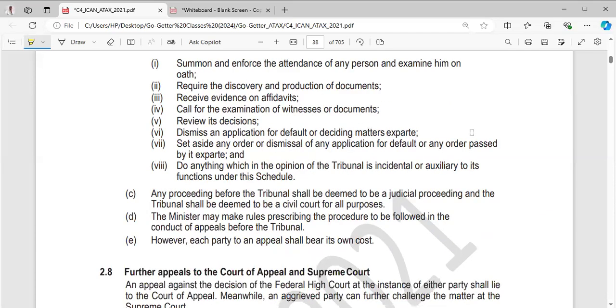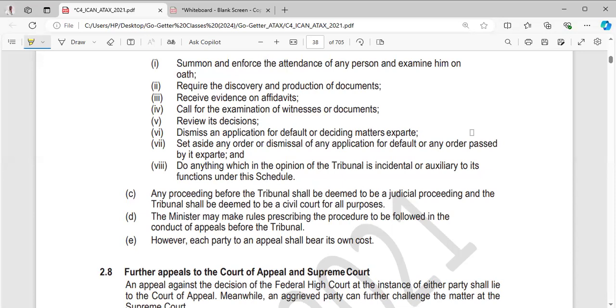Now, in all of this, the court may rule. Before they rule, just like the tribunal may have something that is criminal, any proceeding before the tribunal shall be deemed to be a judicial proceeding, and the tribunal shall be deemed to be a civil court for all purposes.